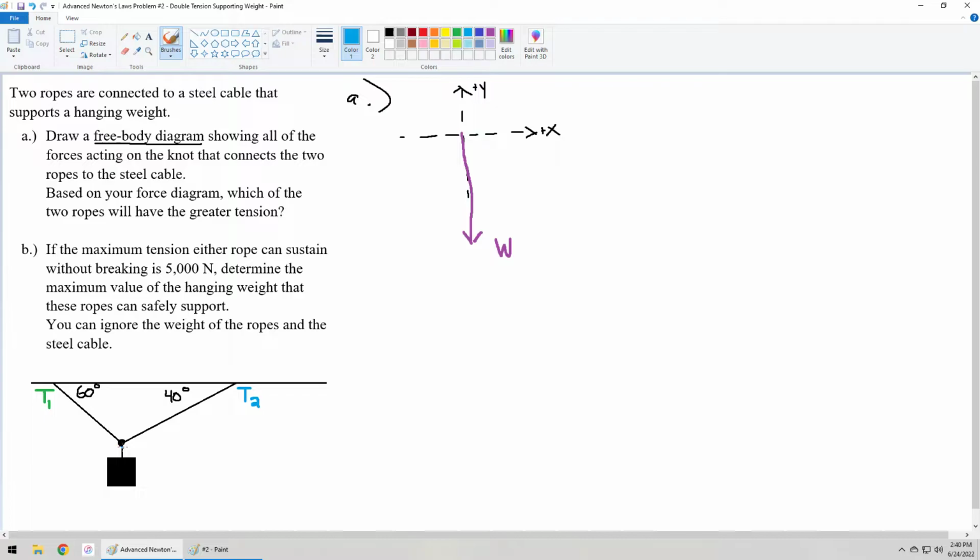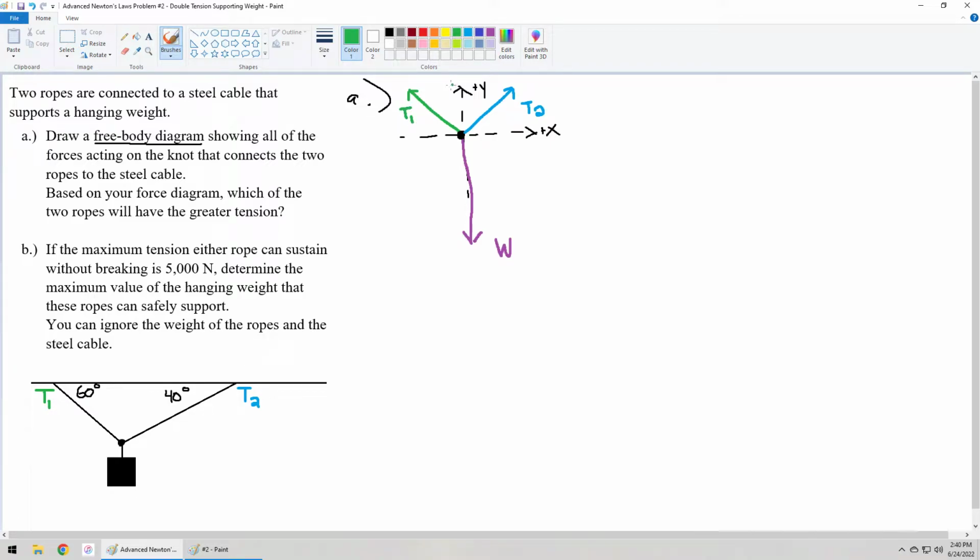If we wanted to express T1 and T2 in our free body diagram, we would draw them pretty similarly to how they are shown in the picture that I've drawn. The tension will be pointing towards the ceiling. It's not towards the origin. Same thing when it comes to T2. That one will be pointing in this direction, and I'll label them T2 and T1.